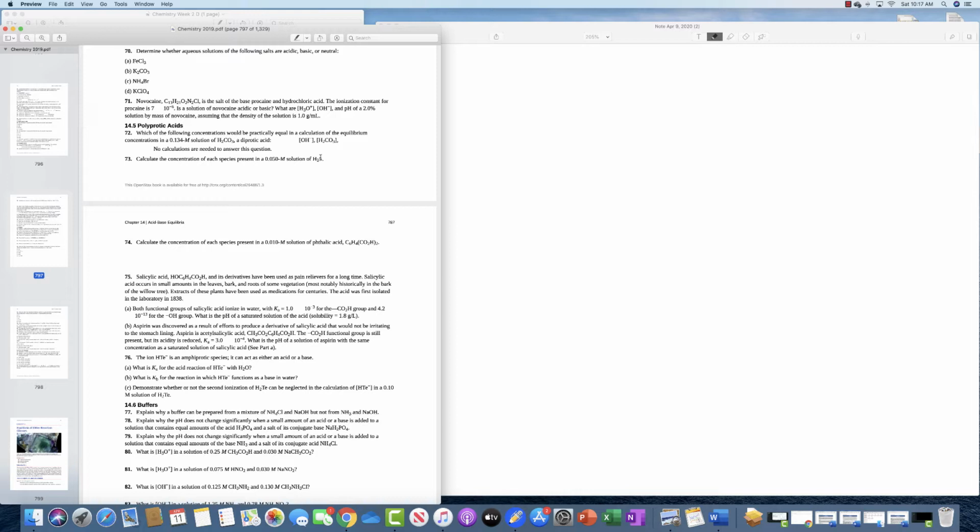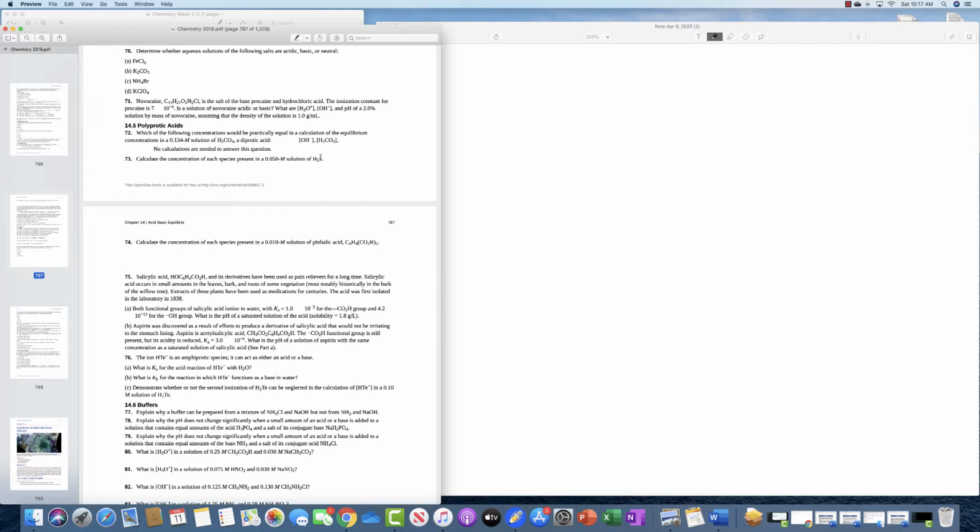It states the ion HTe minus is an amphiprotic species. It can react as either an acid or base. That's what amphiprotic means. It means that it can accept a hydrogen ion or it can discharge its second hydrogen ion. What is the Ka for an acid reaction of HTe minus with water?